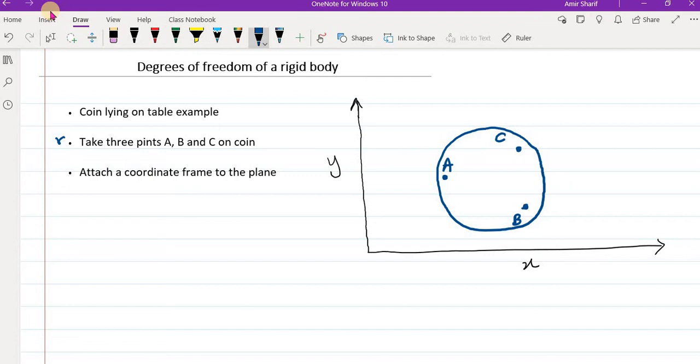Now what we have to do is to attach a coordinate frame to the plane, so that we already have attached this xy coordinate frame.